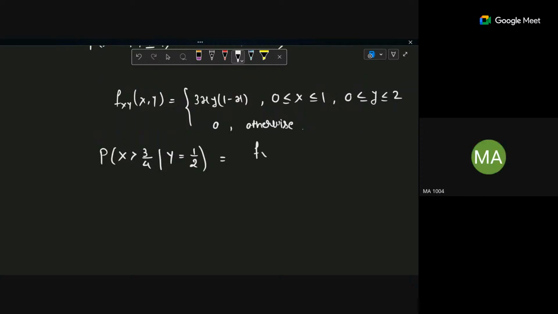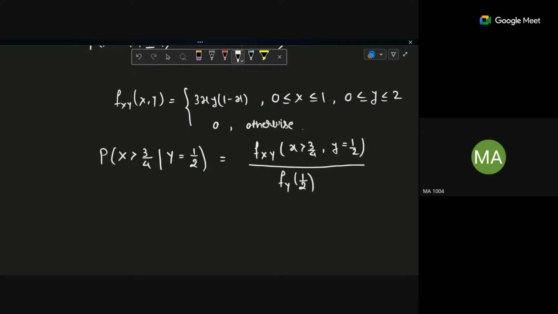So can I say it is a joint PDF of x greater than 3 by 4 and y equal to 1 by 2, right? Because we are dealing with two random variables at a time. Yes. So this divided by the marginal PDF at 1 by 2.